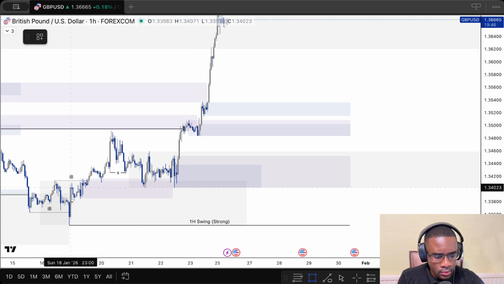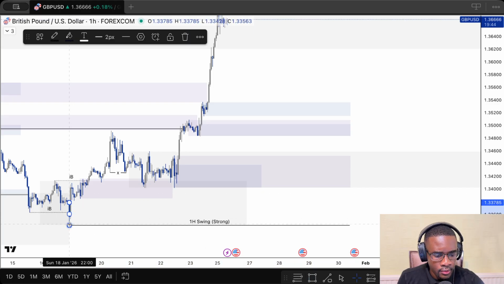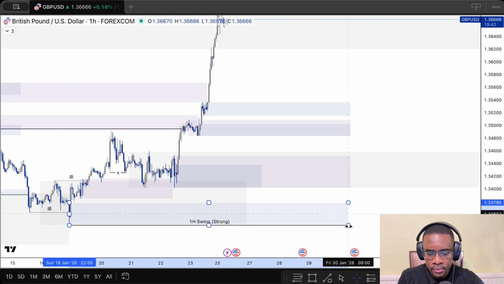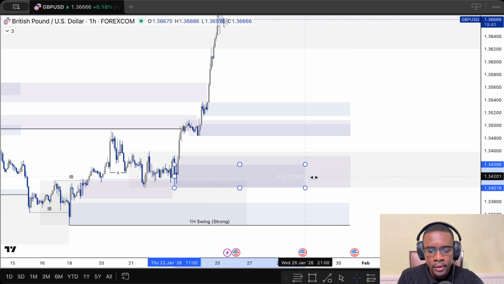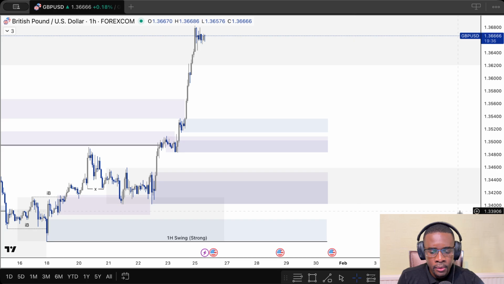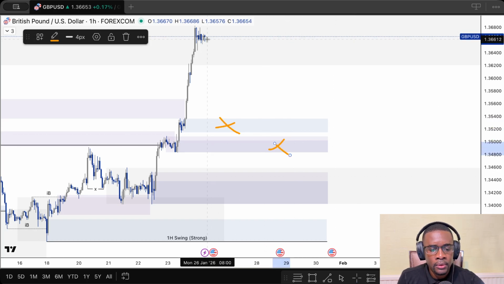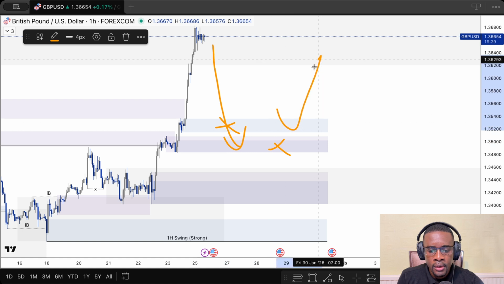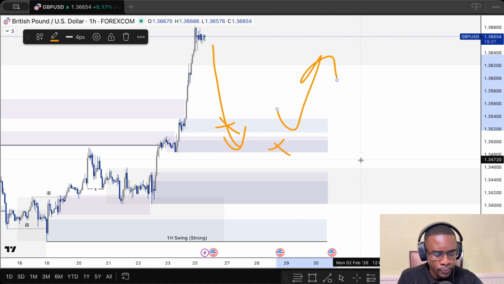We do have this POI right at the extreme, but really, I'll simply be looking at these two at the top. That's where I'll be looking at going long from.